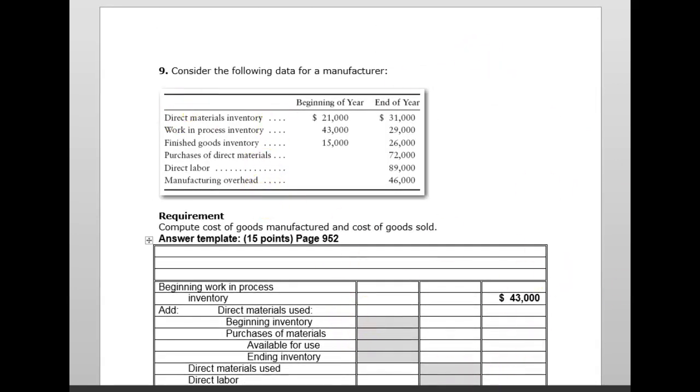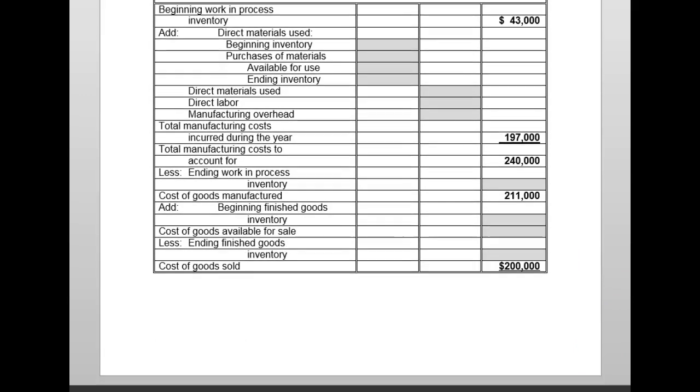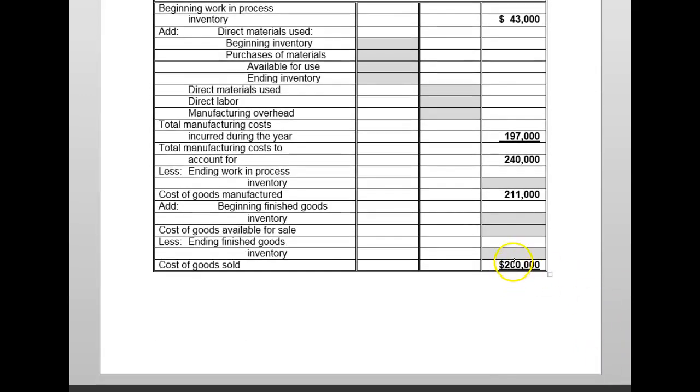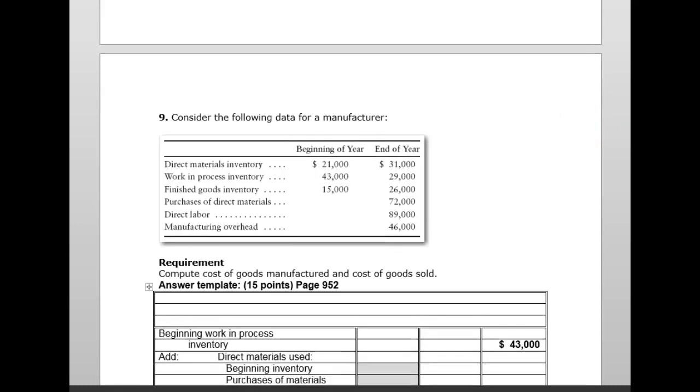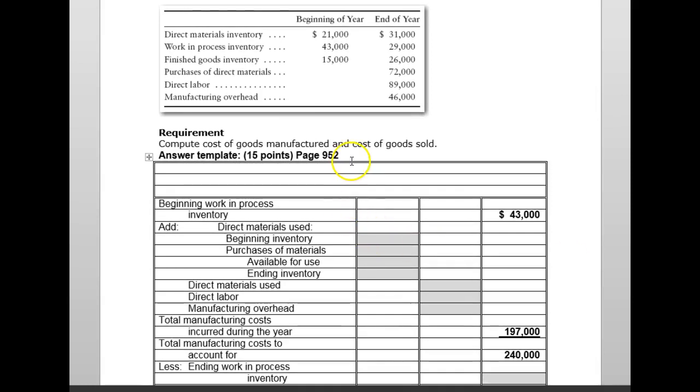You just need to pull it down and see how it all falls together in the pieces, and you'll end up with $200,000. The one thing that was a little bit confusing is this calculation. This becomes the direct materials used. It's a little bit unclear until you go down through it. And again, look at page 952.